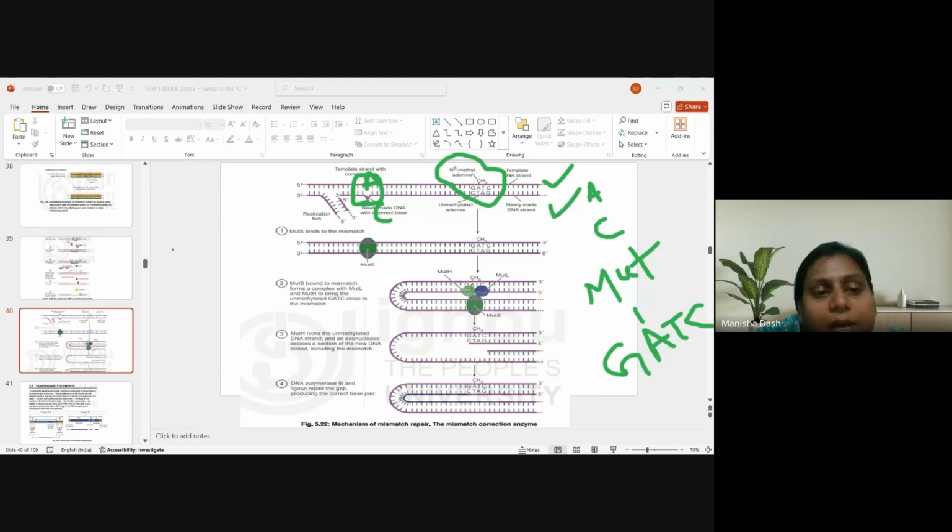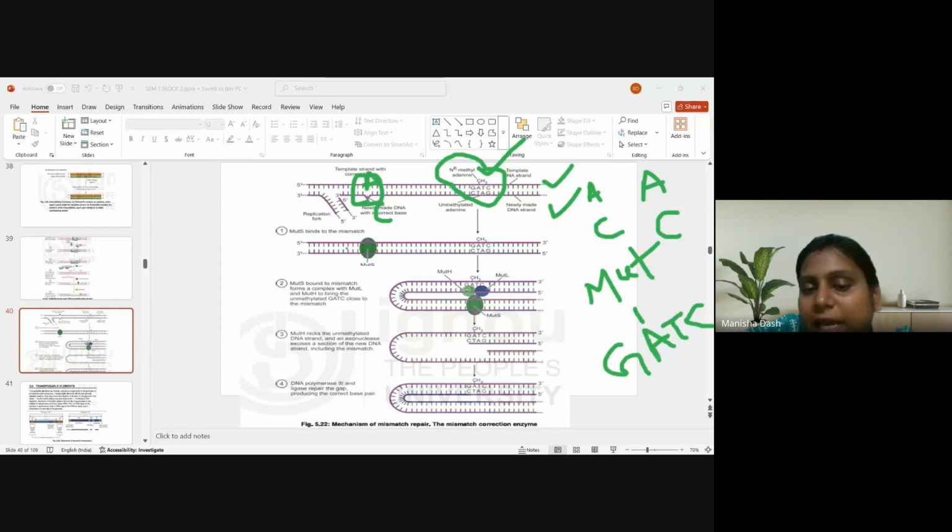Since there is no methyl group present in the second strand, this indicates that it is the newly synthesized DNA strand. And whatever strand has the methyl group is the template, or the original parental strand. So how will you identify? Because if you observe an AC pair, either of them could be the wrong base.